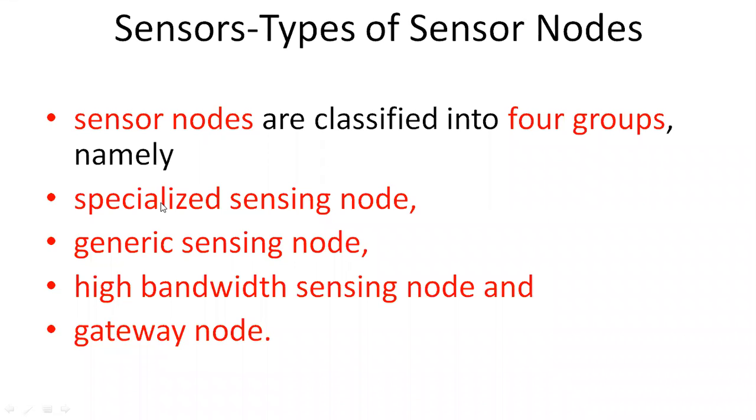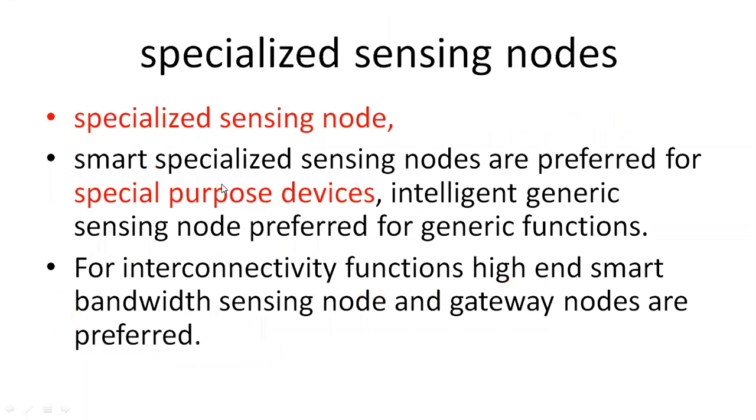Coming to the specialized sensing node. What is a specialized sensing node? Smart specialized sensing nodes are preferred for special purpose devices. Intelligent generic sensing nodes are preferred for generic functions. For connectivity and function, high-end smart bandwidth sensing nodes and gateway nodes are preferred.